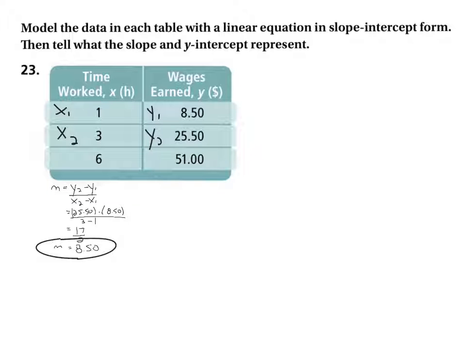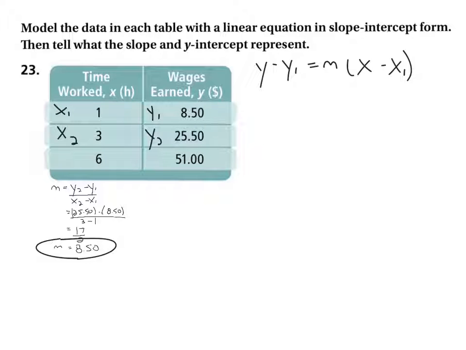Now, if we want it in slope-intercept form, then what we can do is, I'm going to do it in point-slope form, and then I'm going to just convert it. So we can say y minus y1 equals m parentheses x minus x1.